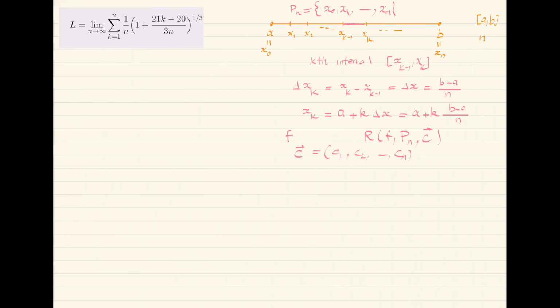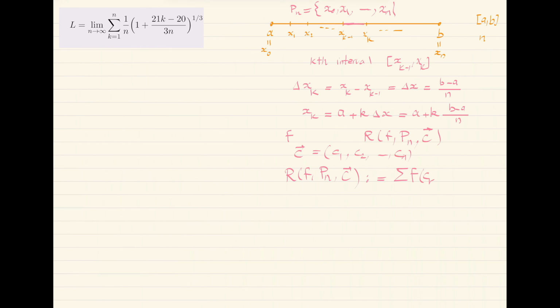And now what do I mean by a Riemann sum of this form? So the Riemann sum of the function f corresponding to this regular partition P sub n and corresponding to this already chosen tag C is defined to be this sum. A sum of your function calculated at these tags, okay?